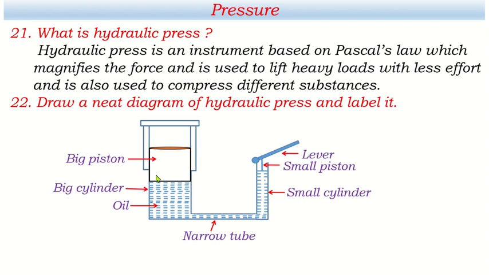A lever is used to create pressure in the liquid, and this pressure transmits to the big piston, and this is a rigid support which doesn't move. Now how does it work? Let's talk about its working.